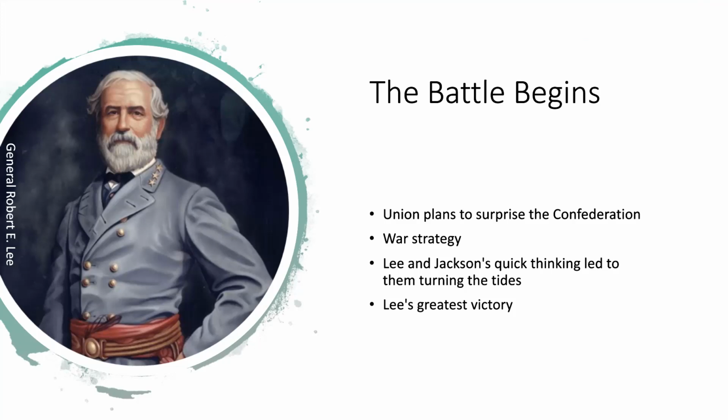But early on May 3rd, Lee renewed his attack and decided to divide his army again to confront Major General John Sedgwick and his 6th Corps, which came in from Fredericksburg. So the Union asked for more men, and Sedgwick and the Confederation ended up in a standstill at the Salem Church.